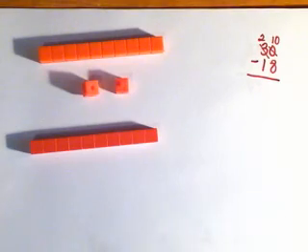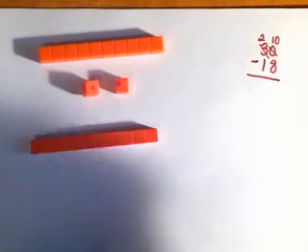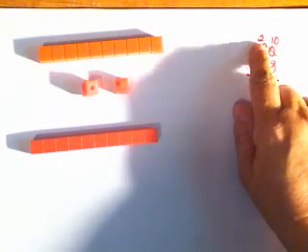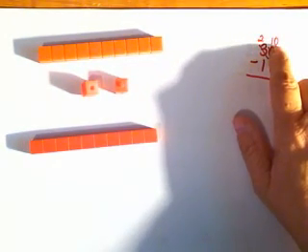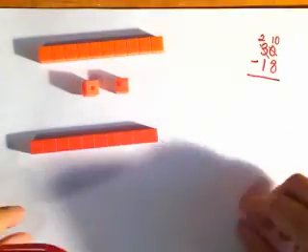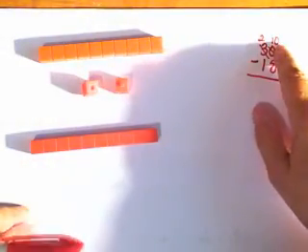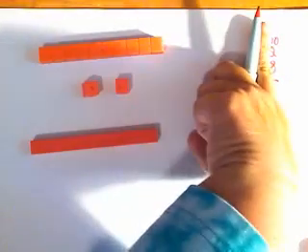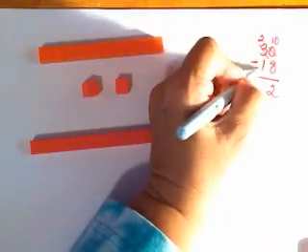Now, I look at this as 10 minus 8, which is 2, and 2 minus 1 is 1, which gives me the 12 that I got for my answer. Okay, so that is the addition and subtraction algorithm using the base 10 blocks.